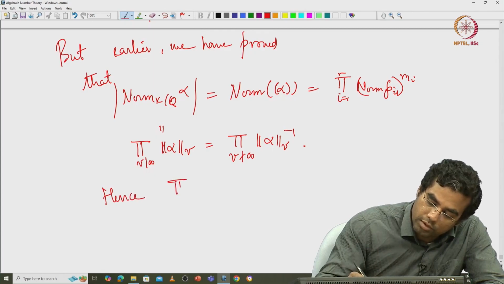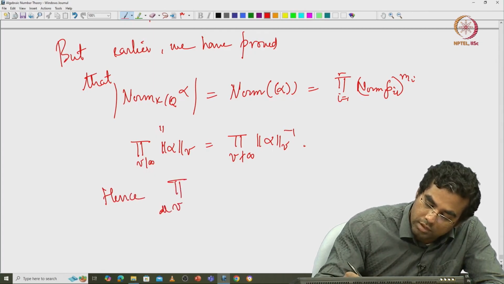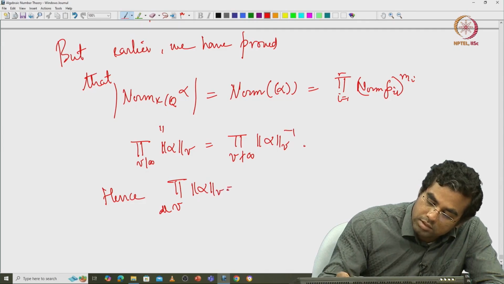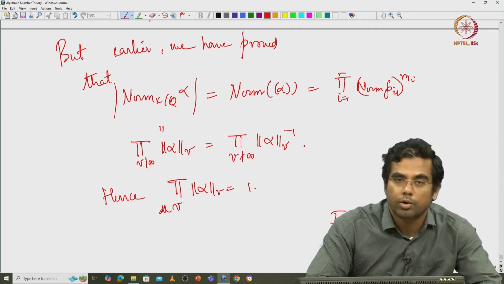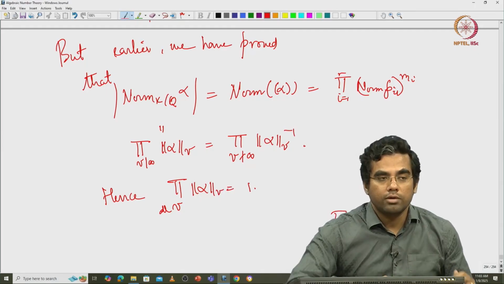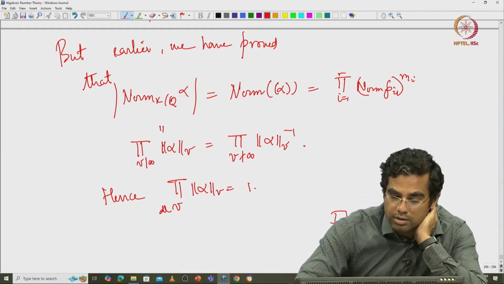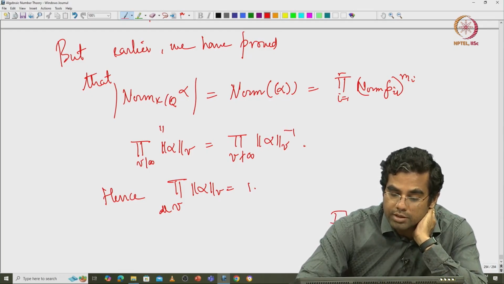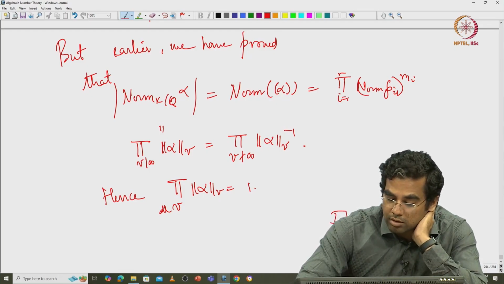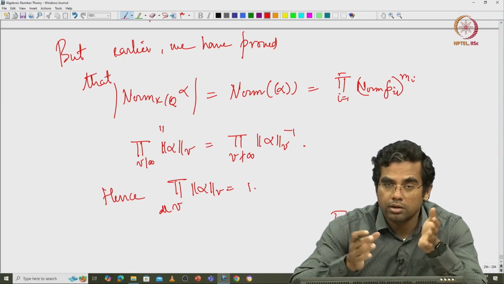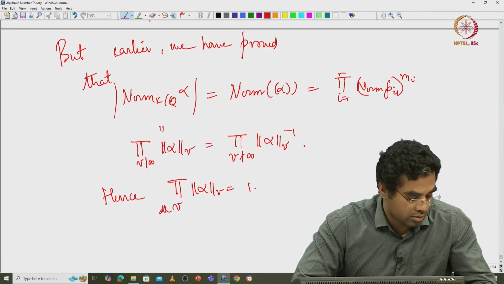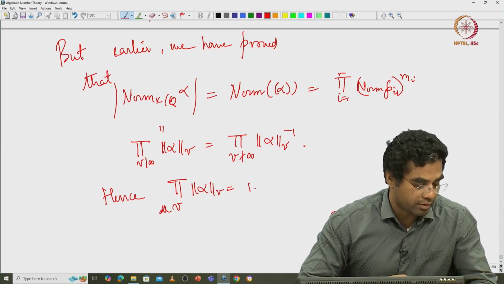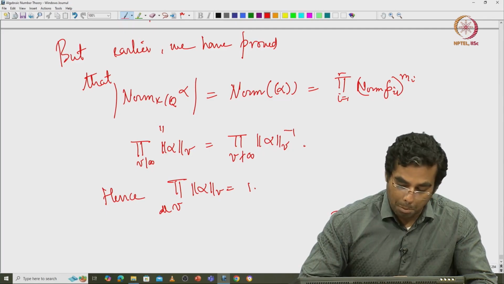Hence, valuation over all V, this is equal to 1. That is what the product formula is. So, the product formula tells you something very nice. It tells you that for elements of K, you have this very tight thing, right. If you take valuations with respect to every place and take a product together, you get 1. Okay.